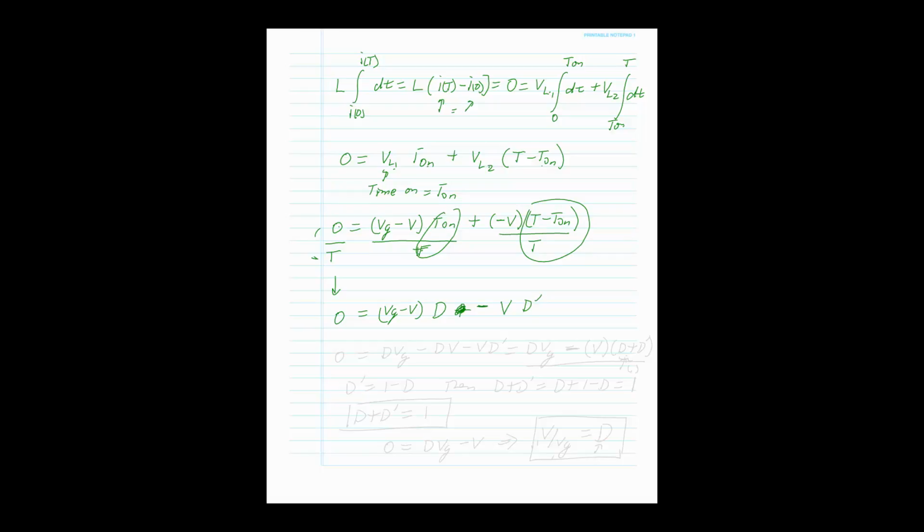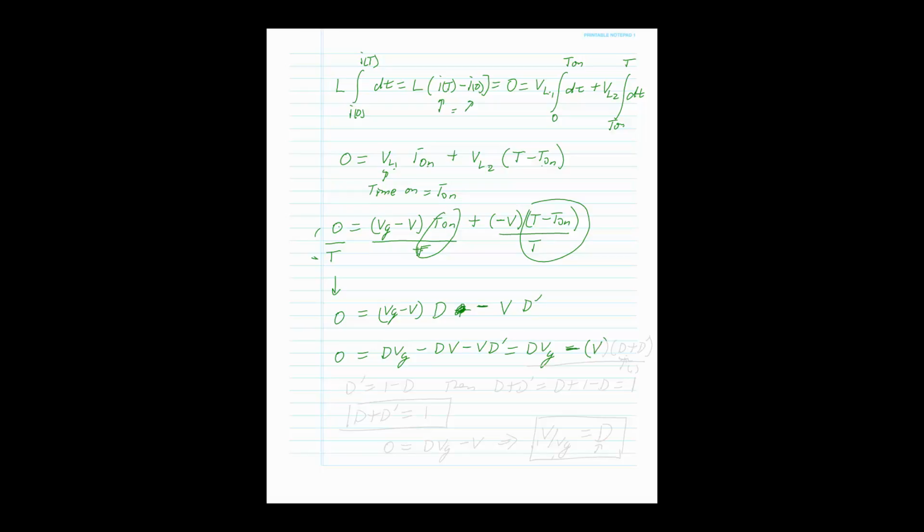So simply put, now we have 0 is equal to, just multiplying out, DVg minus DV minus V D prime. So we could see that this is DVg, and we got a common V.